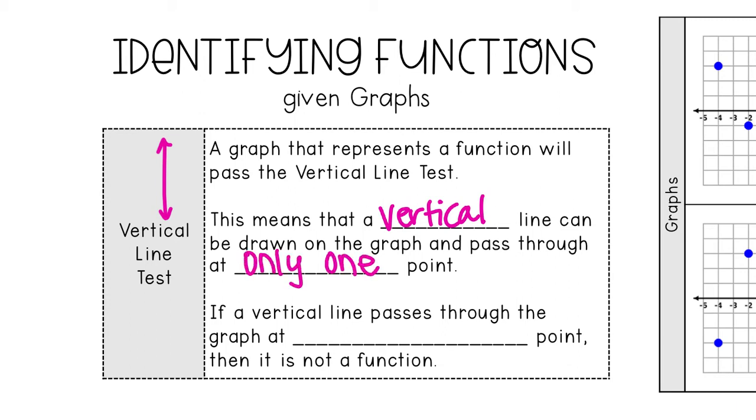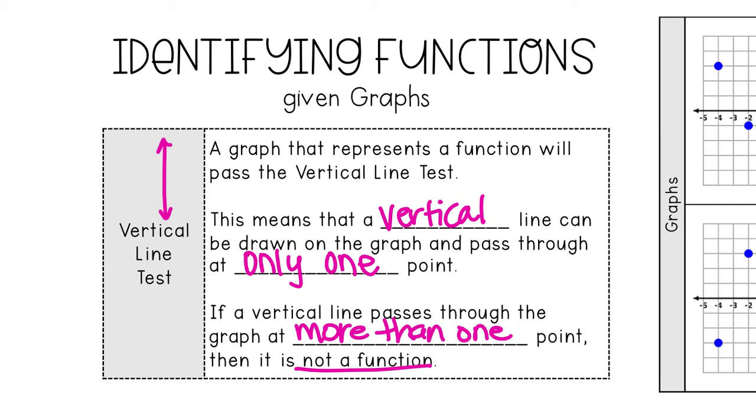So kind of the same idea as looking at every x only has one y. So every vertical line will only pass through one point. That's how you would pass. If for some reason the vertical line passes through the graph at more than one point, then it's not a function.